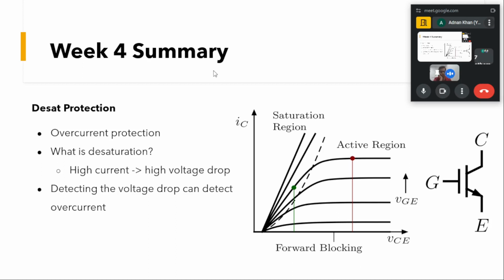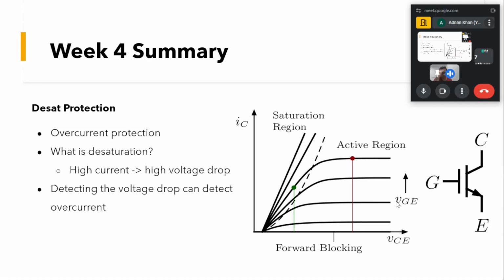You know that if you have an IGBT, we have the three terminals: collector, gate and emitter. Whenever we give some VGE voltage, as our VGE voltage goes beyond the threshold, our device starts to conduct. And then with the increase in VCE, our current will increase.